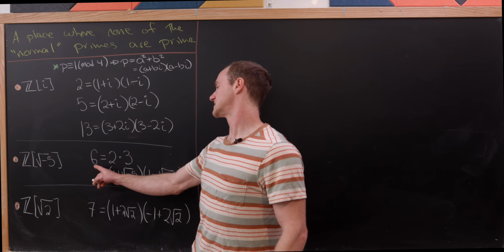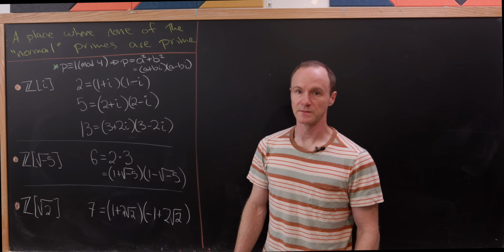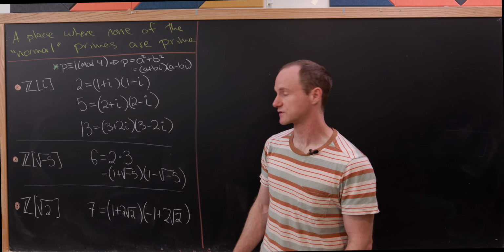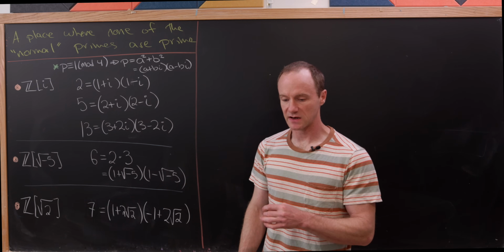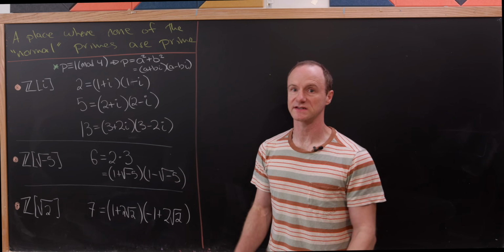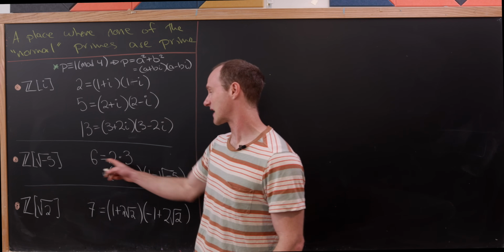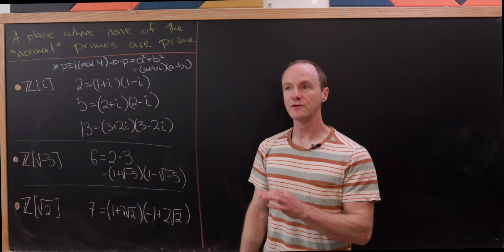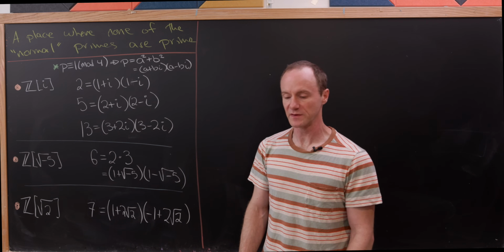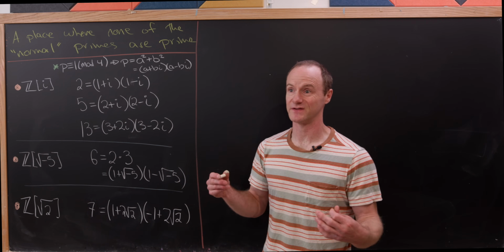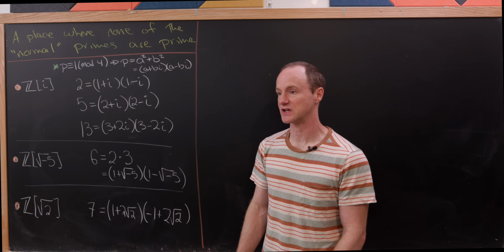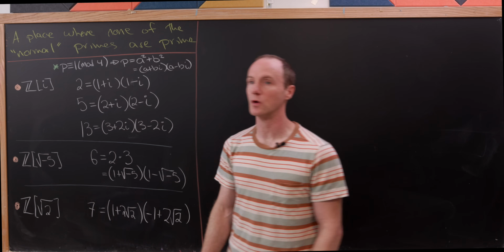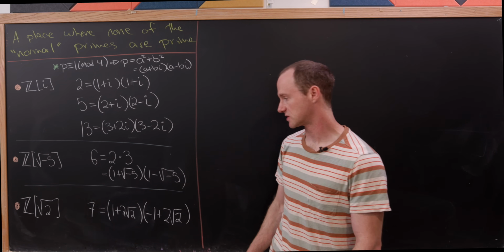Observe that we can write 6 as 2 times 3, but we can also write it as (1 plus root negative 5) times (1 minus root negative 5). Why this breaks the notion of primes is that this factorization of 6 is no longer unique. If you recall from the fundamental theorem of arithmetic, we have this uniqueness of factorization into primes, but if we look inside of this set, we no longer have unique factorization.